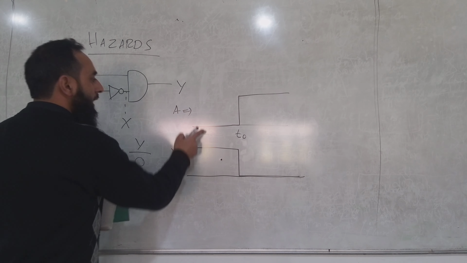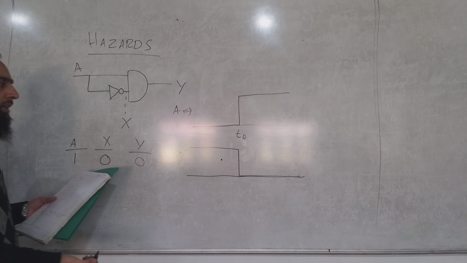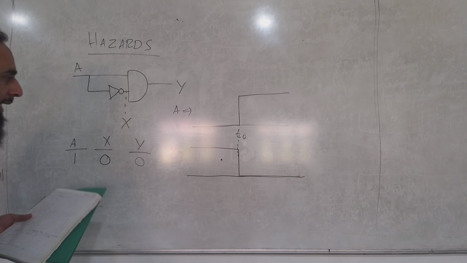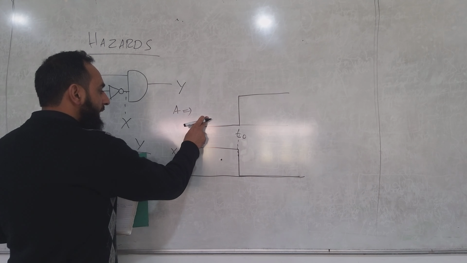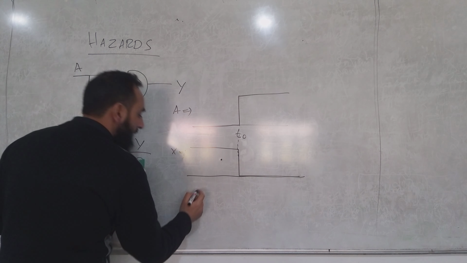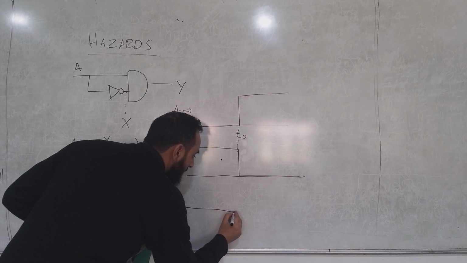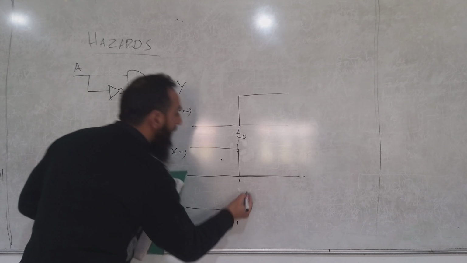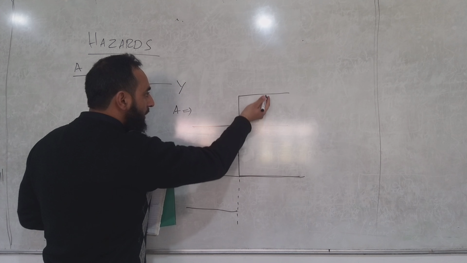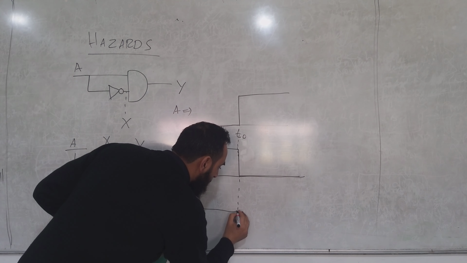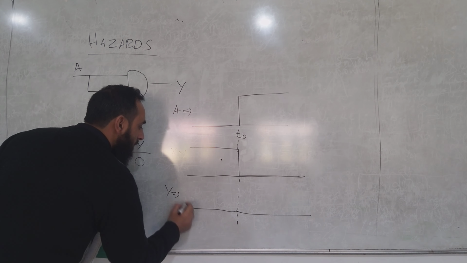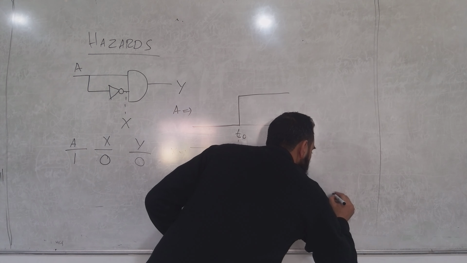This is the graph of A, this is the graph of X, expected, right? And what will the output be? When A is 0, X is 1, output will be 0 because of A being 0, and after t0 your A is 1, X is 0, your output should stay at logic 0 level. So your Y is always 0.